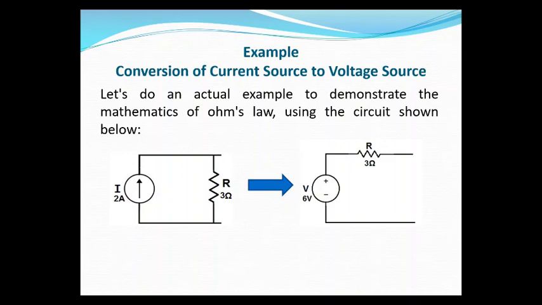See here, the current source is in parallel with R and the voltage source is in series with R. The resistance is the same, there is no change, except that in the current source it is parallel and in the voltage source it is series. But here the voltage V is equal to I into R.